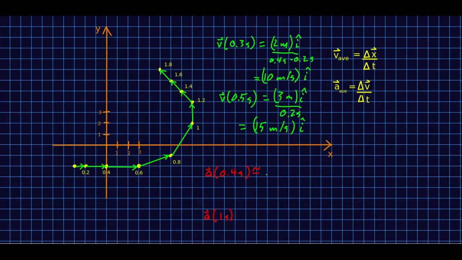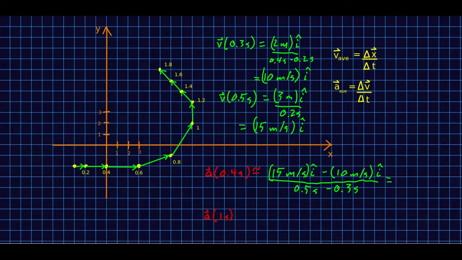And so now I can get my acceleration by the difference, the delta v, so that's going to be vf, 15 meters per second I hat, minus my vi, 10 meters per second I hat, over, and be careful with the delta t. Remember, we're working with approximations to the velocities at 0.5 and 0.3.